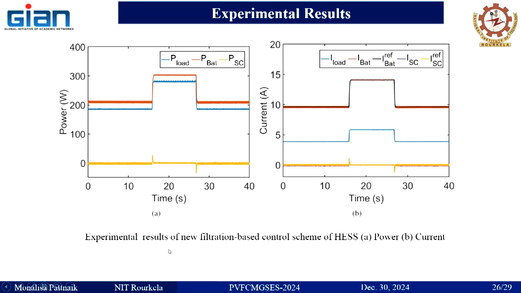Now this is the result I previously took. Here in the result, the orange one depicts the battery power, the blue one is the load power, and the yellow one is the supercapacitor power.